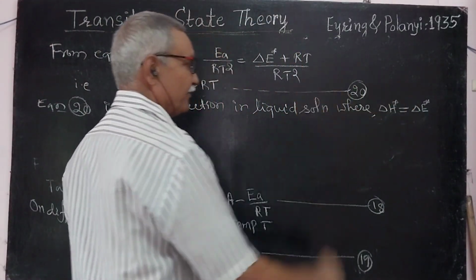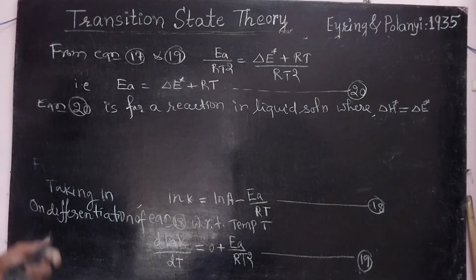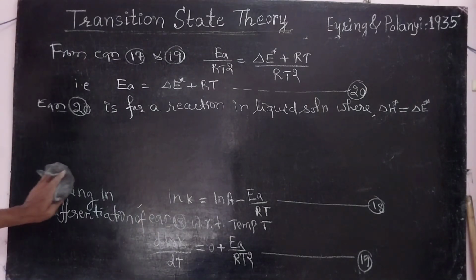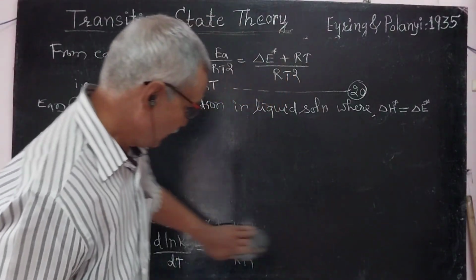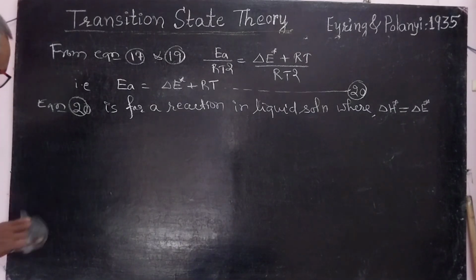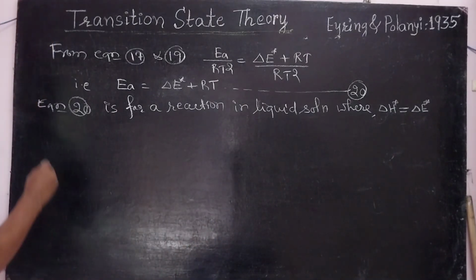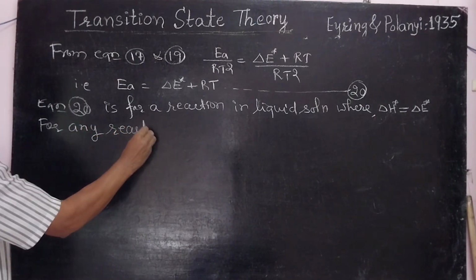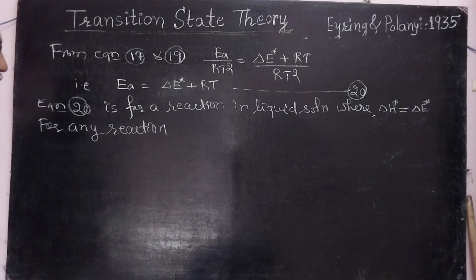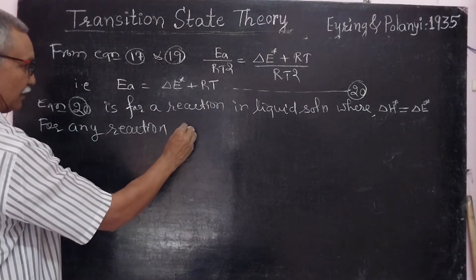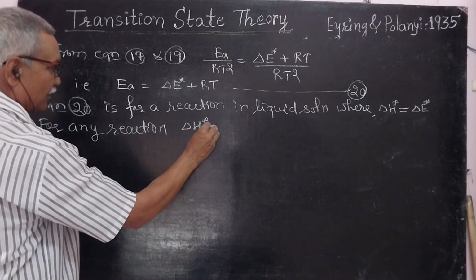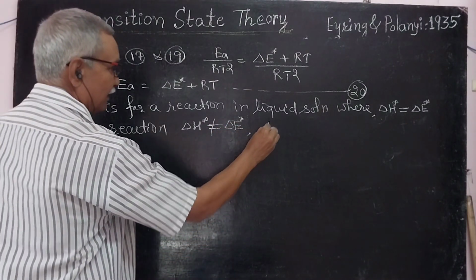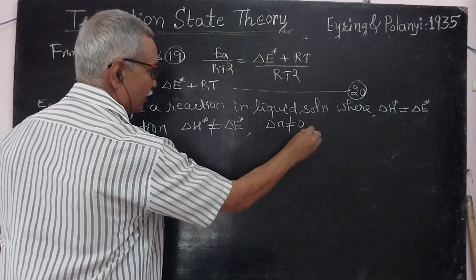Now, for other reactions, we want to apply the same equation. For any reaction where delta N is not equal to 0, delta H star is not equal to delta E star.